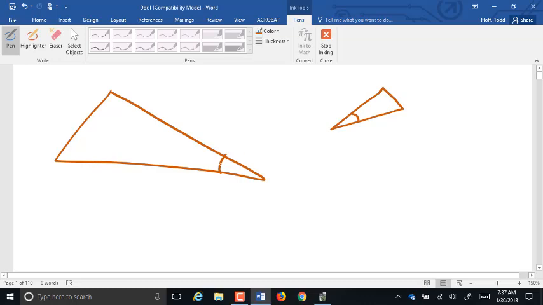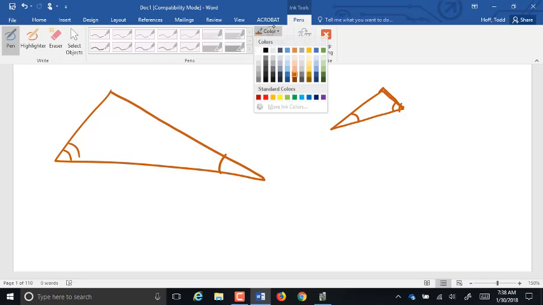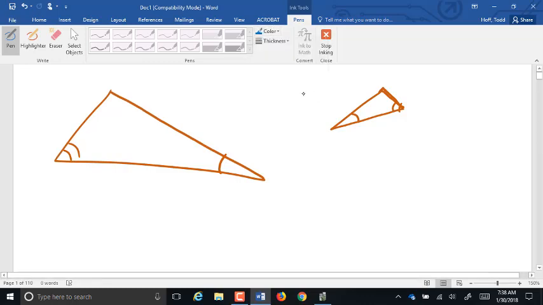So this angle here that I marked and this angle here that I marked are the same because I marked them both with a single arc. I'm going to mark this one with a double arc and this one with a double arc. So those two angles are the same. So we know that those are similar. In other words, the big one is just an enlargement of the small one, or you can think of the small one as a reduction of the big one, whichever way you want to look at it.